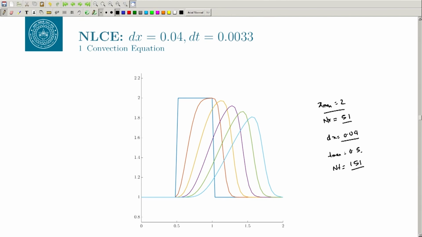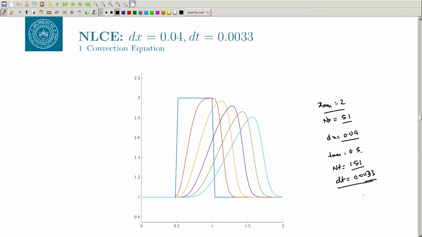And that gives your dt as 0.0033. As I told you, you cannot determine the CFL number a priori, but still you have to obey that condition that the CFL number should be less than 1. Basically, we are not jumping over the grids. In this particular case our delta t is sufficiently small.